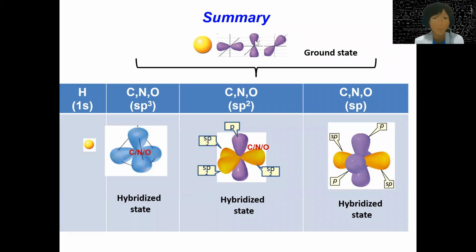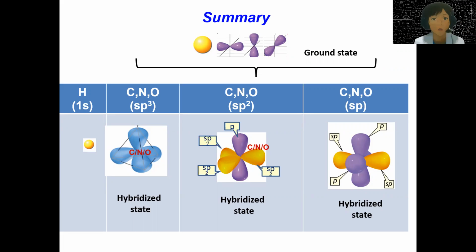To summarize, in the ground state, your carbon, your nitrogen, and your oxygen remain in the 2s orbital and the 2p orbitals individually, as you have learned in your previous module. However, during the hybridization state, hydrogen remains unchanged.